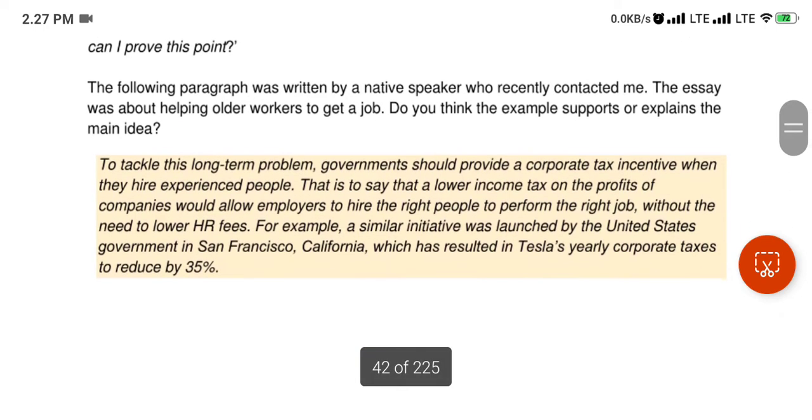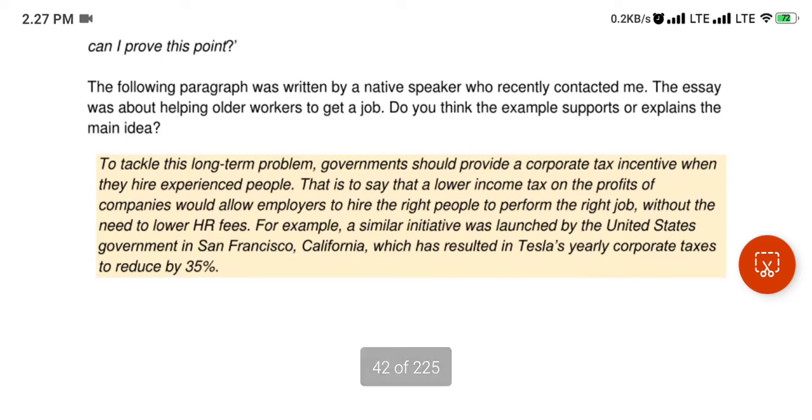To tackle this long-term problem, government should provide a corporate tax incentive when they hire experienced people. That is to say that a lower income tax on the profits of companies would allow employers to hire the right people to perform the right job without the need to lower HR fees.